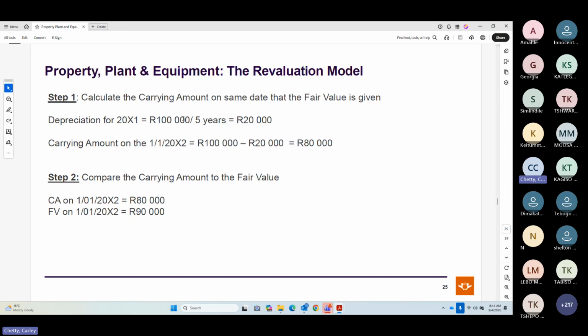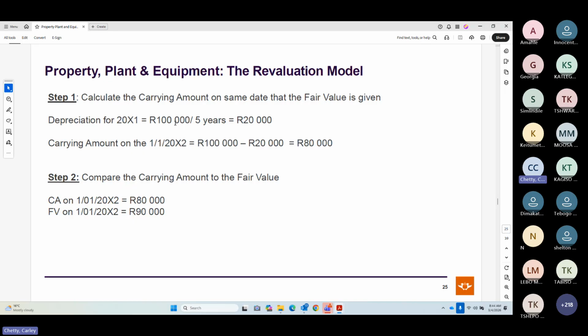Once we have calculated the depreciation for 20X1, we are going to determine the carrying amount on 1 Jan 20X2. For the depreciation for 20X1, we take the cost of 100,000 divided by 5 years, and that will give us an amount of 20,000 Rand. So this is the depreciation for 20X1.